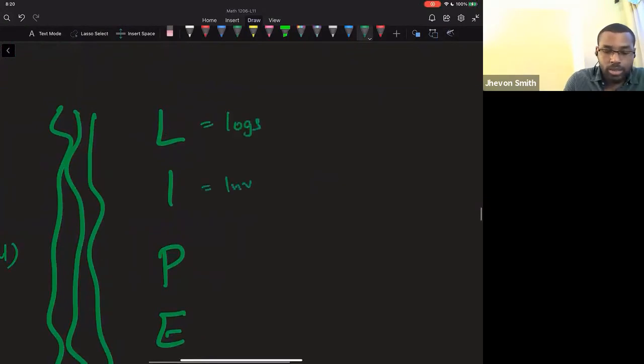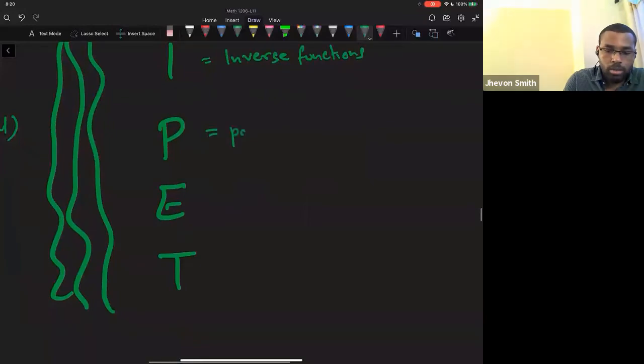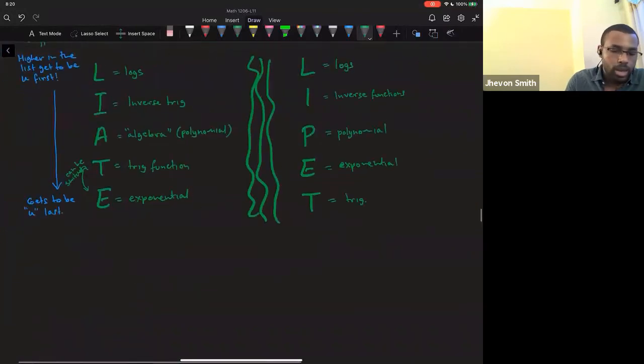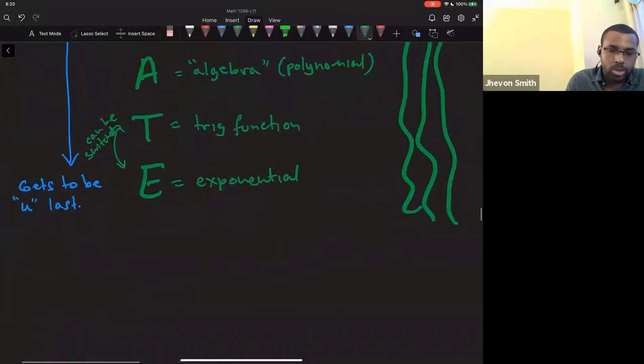So instead, some people think of it as Lipit, which again, this stands for logs. This stands for inverse functions. This stands for polynomial. This stands for exponential. This stands for trig. By far, I would say, though, that Liate is more popular.